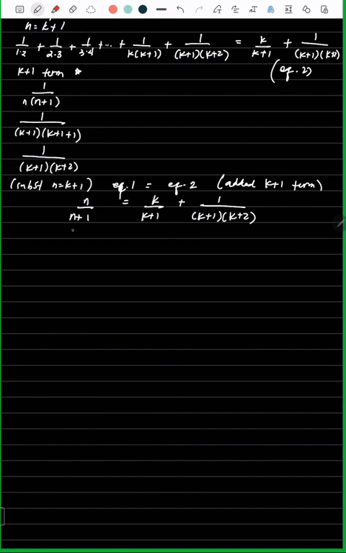And then from equation number 2, that would be k plus 1 over k plus 1 plus 1, plus 1 over k plus 1, k plus 2. So on the left, we're going to substitute n is equal to k plus 1. So for all the n's, it would become k plus 1. So this would become k plus 1 over k plus 1 plus 1, or simply k plus 1 over k plus 2.